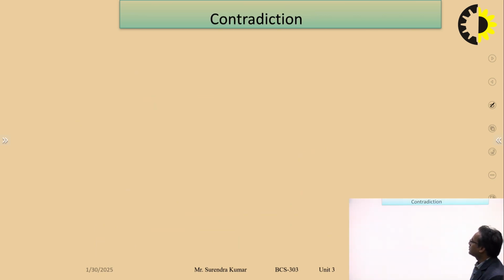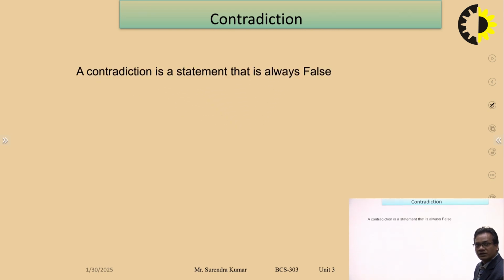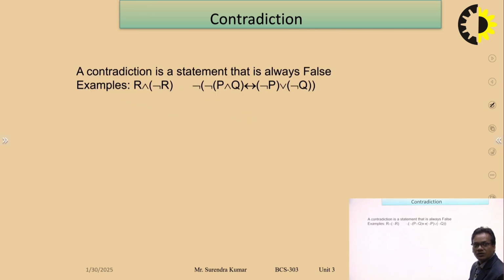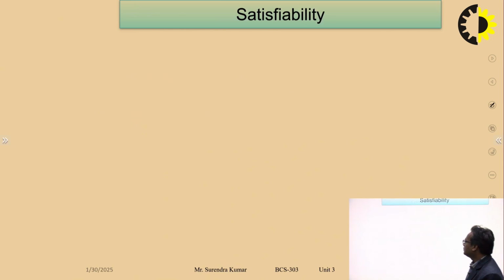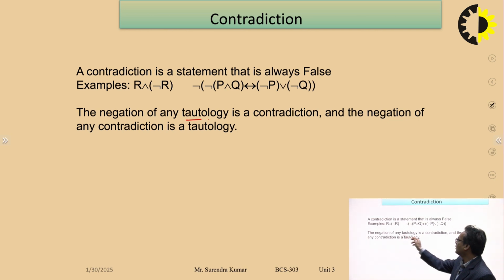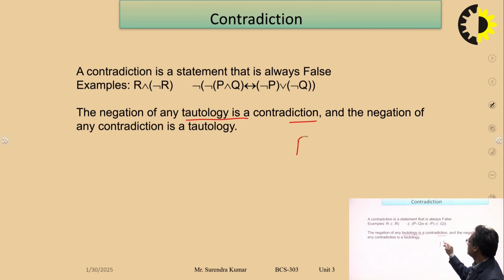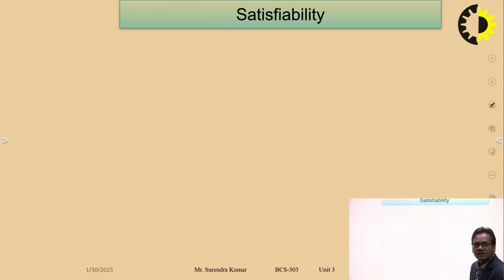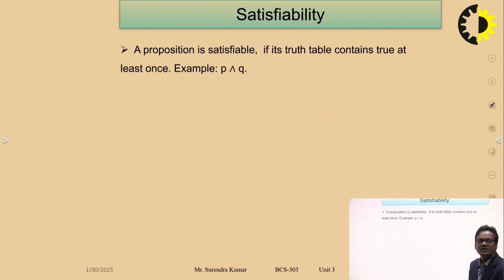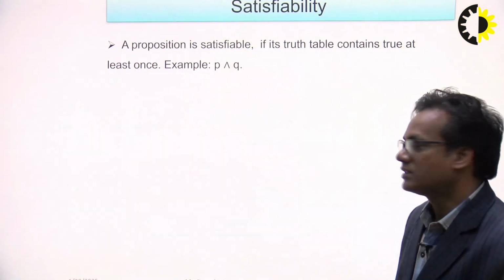Contradiction is the opposite of tautology; it is always false. If we take the negation of a tautology, it is always a contradiction, right. It will be always false in your truth table. Satisfiability: a proposition is satisfiable if its truth table contains true at least once.